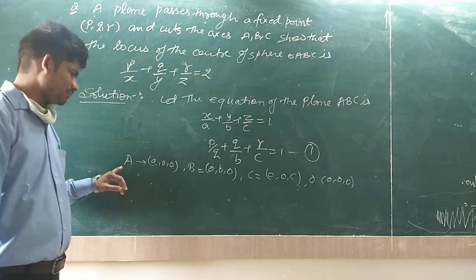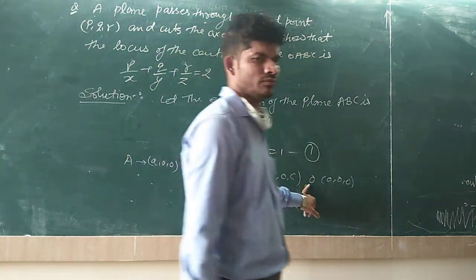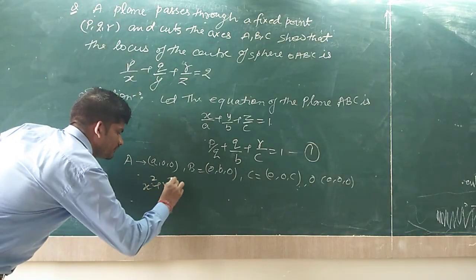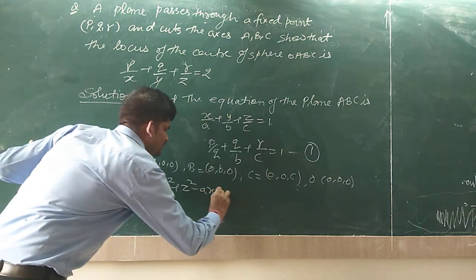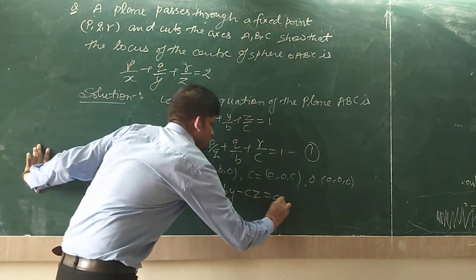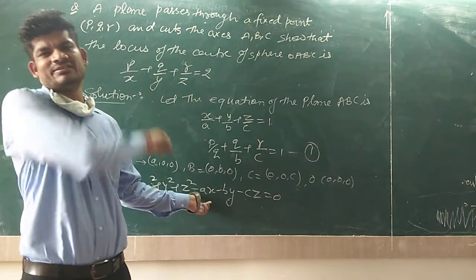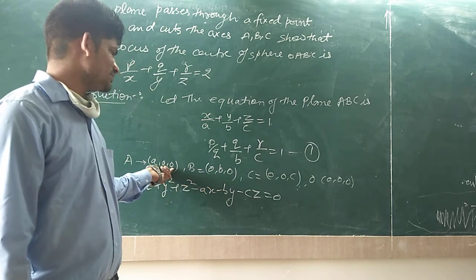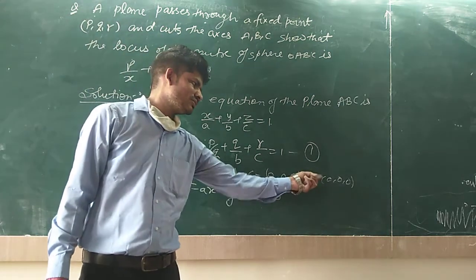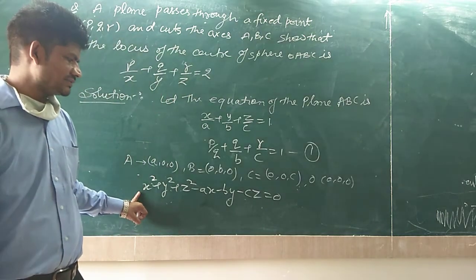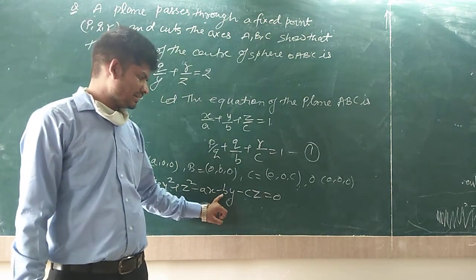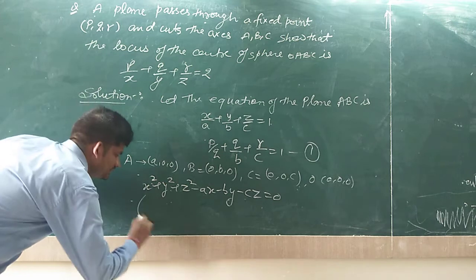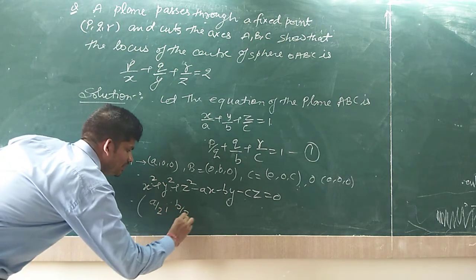The equation of sphere passing through the points A, B, C and O is x square plus y square plus z square minus ax minus by minus cz equal to 0, as solved in the previous question. If the sphere passes through the points (a, 0, 0), (0, b, 0), (0, 0, c) and (0, 0, 0), then the equation of the sphere is x square plus y square plus z square minus ax minus by minus cz equal to 0. Then the center is a by 2, b by 2 and c by 2.